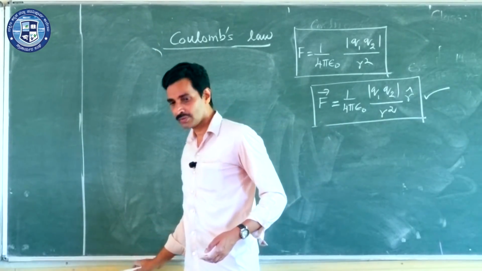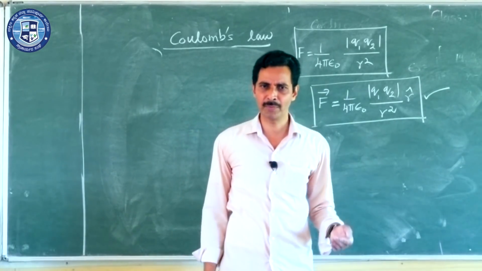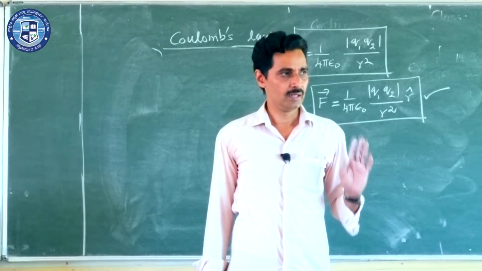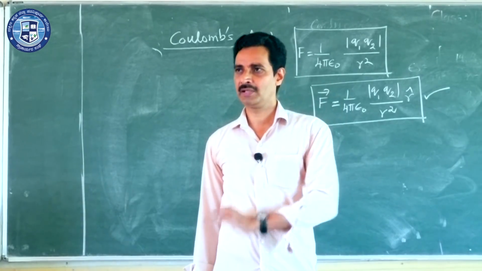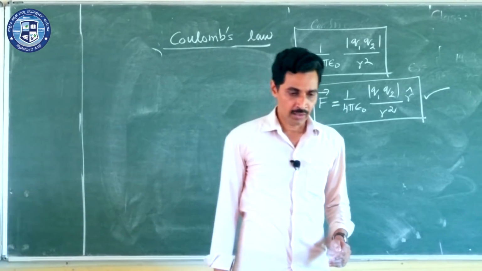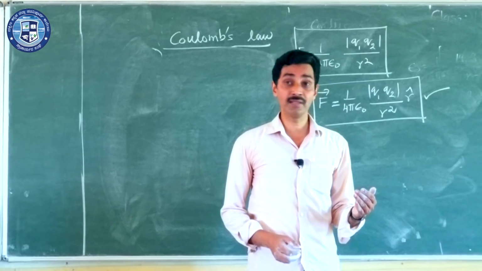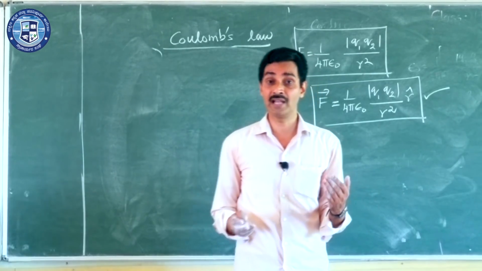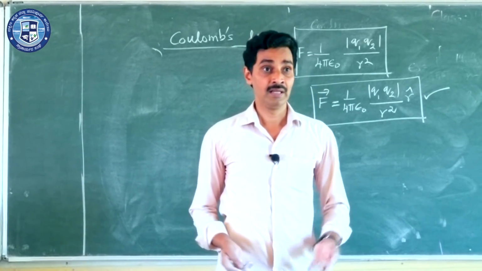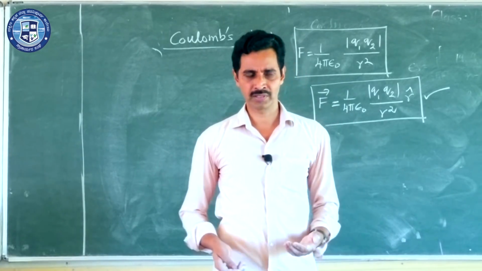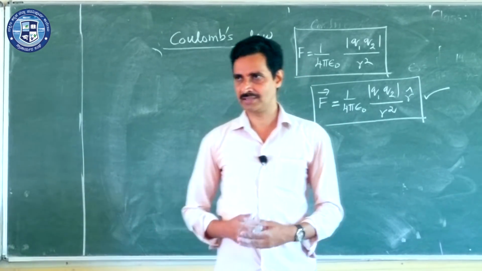If you are asked to write what is a charge, it is a basic property of some elementary particles. Charge is the basic property of elementary particles, which decides the two kinds of charges, that is positive and negative. Positive and negative are the two kinds of charges.